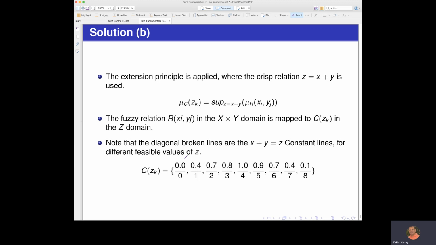Okay, let's look now at the last example for this set of problems that I wanted to showcase to you, the various types of operation. So now we would like to utilize the extension principle for the crisp relation of z equal to x plus y. So remember, we have the x and we have the y, okay?